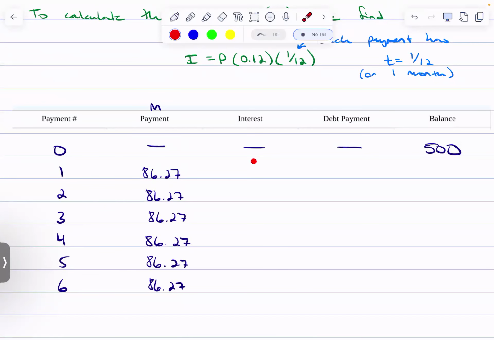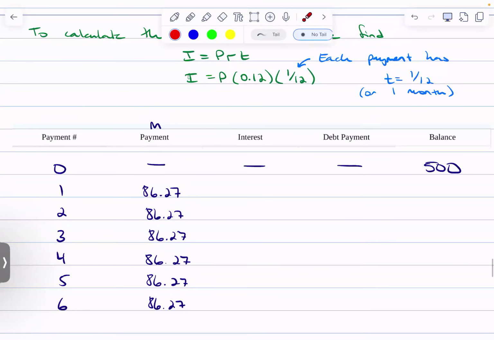Next up, we need to find the amount of interest that's owed. The amount of interest is going to be off of the previous balance, right? So here, this is your I, which is going to be P times 0.12 divided by 12 times 0.01.